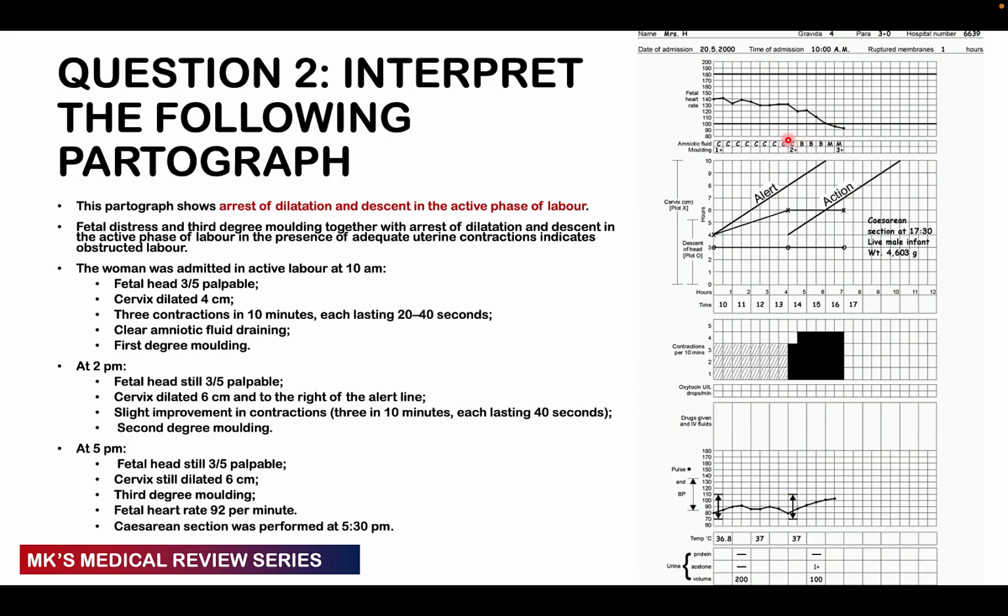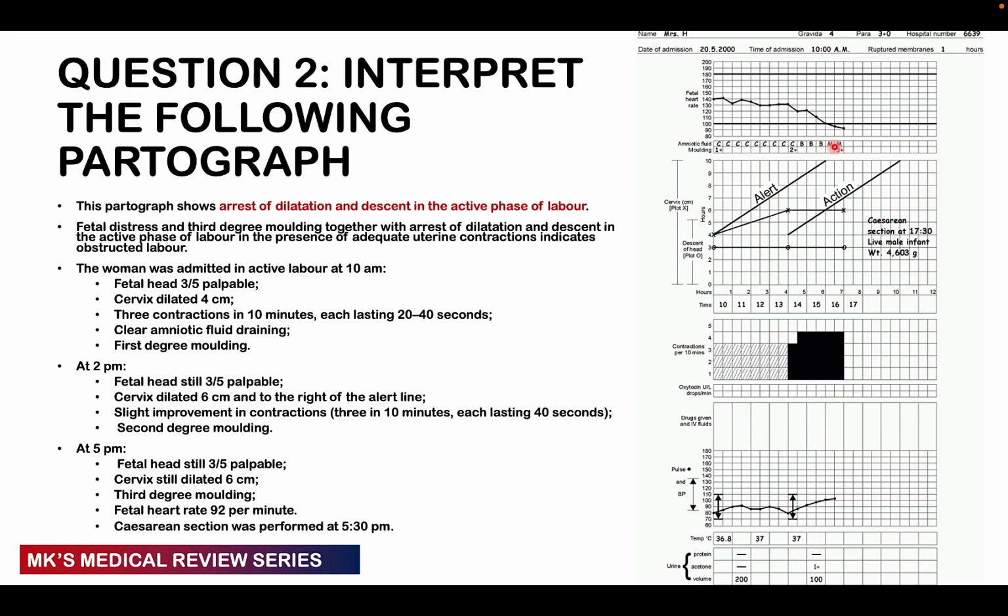Then at 17 hours, when she was reassessed, that's an hour before she was due, because if you're looking at the 4-hourly reassessments, you're supposed to be reassessed at 18 hours. Actually, before that, somewhere around 30 minutes after we noticed the 2nd degree molding, we noticed blood-stained amniotic fluid.